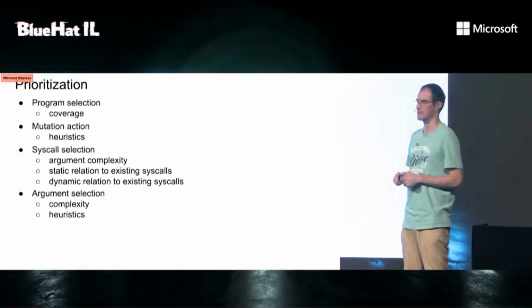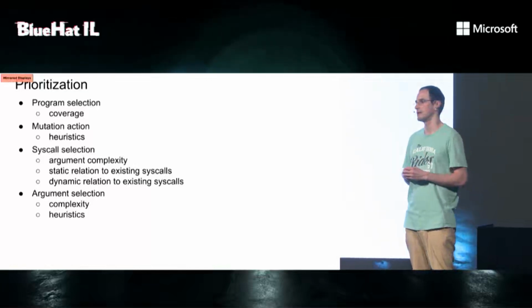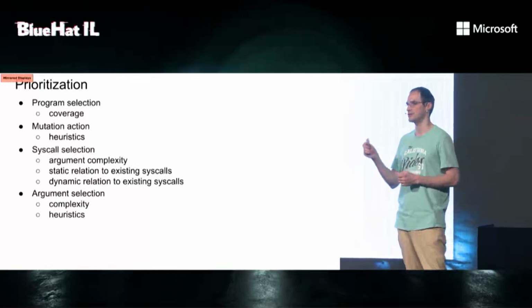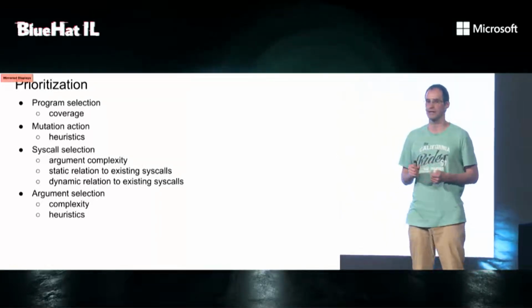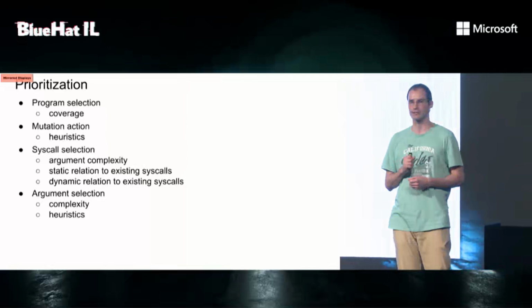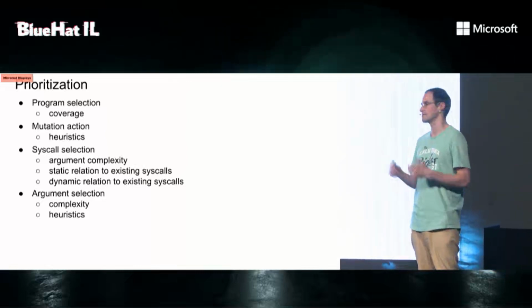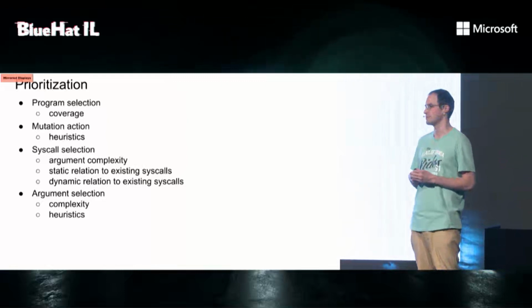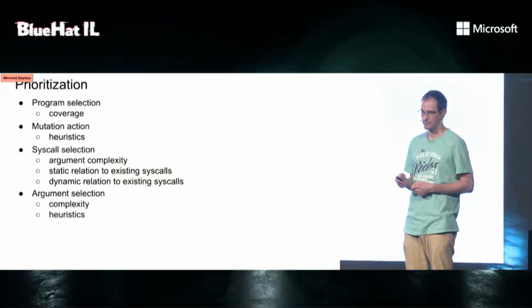We also have some subjective criteria, which is based on heuristics. For example, we noticed that changing exact values of pointers usually doesn't provoke any new behaviors and usually doesn't trigger bugs. Initially, we assumed that it's important, but later it turned out that it's not too important, so we started doing this mutation less frequently.